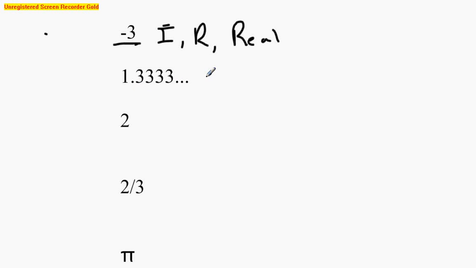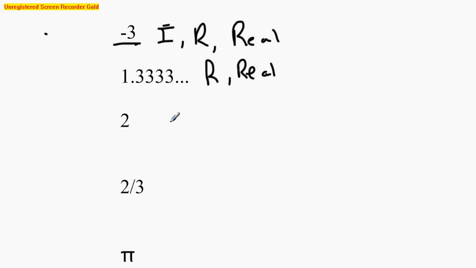So that is a rational number. It's not irrational, it's rational. And it can't be an integer because it's got a decimal, and the same reason for whole and natural. So this is just a rational number and a real number.